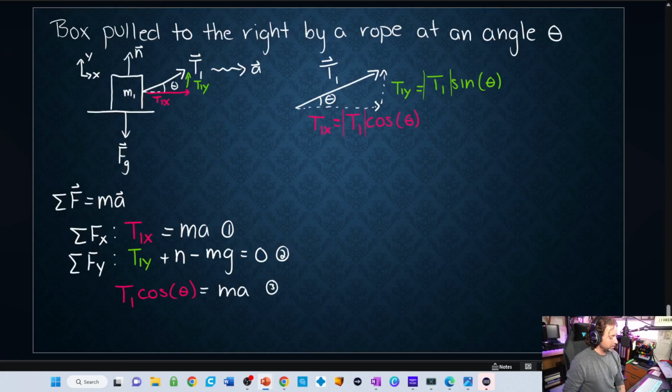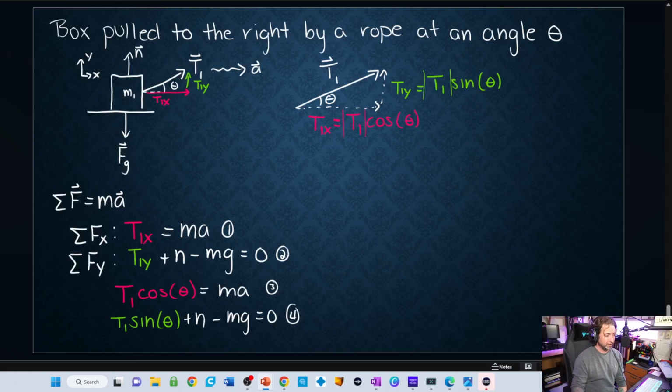So then equation 4, let's just substitute this T1y value here. So you get T1 sine theta plus the normal force minus the force of gravity. That's equal to 0. We'll call that equation 4.